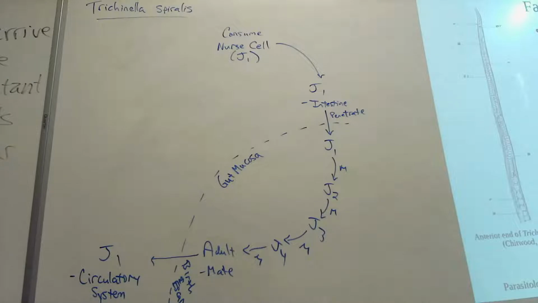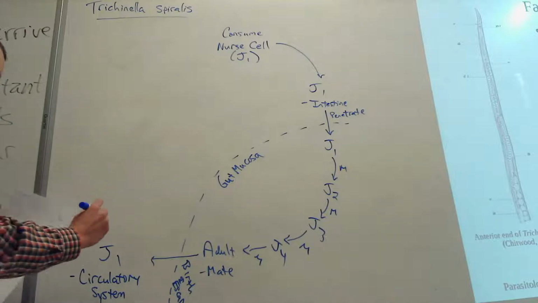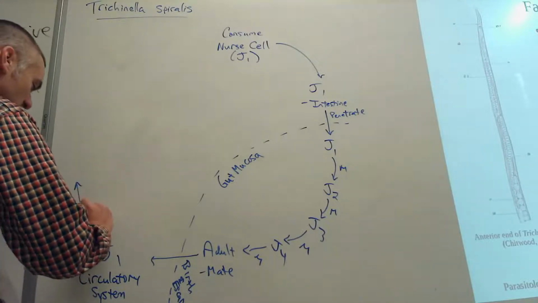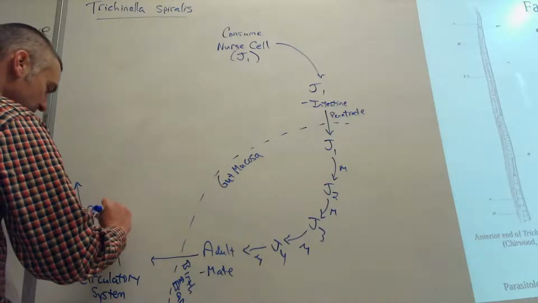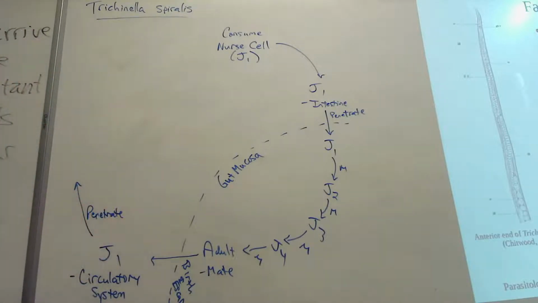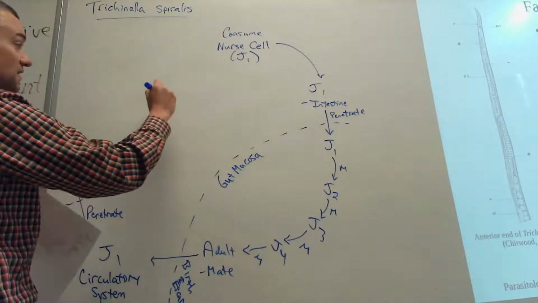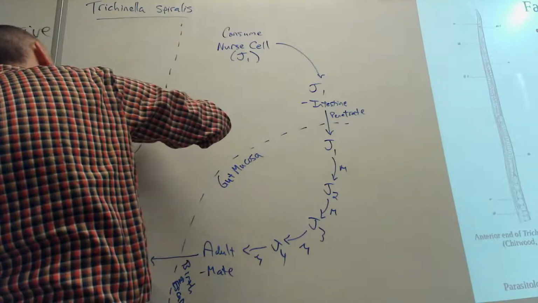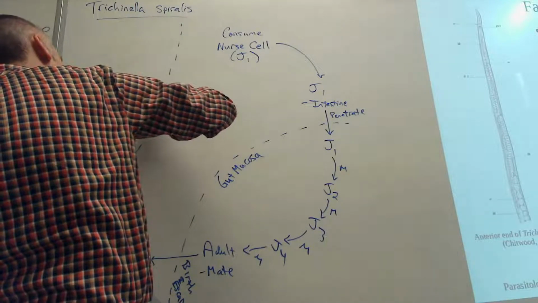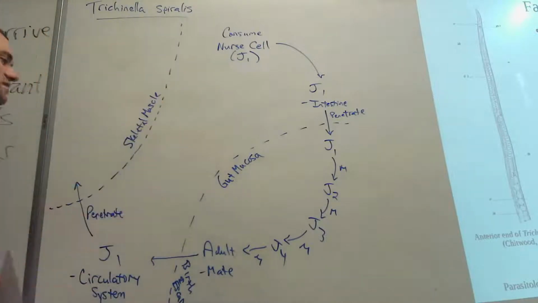Some of those, it's just the worm's lost, can't find its way. But other times, it actually finds where it needs to go and penetrates into that cell. And that cell we are talking about is skeletal muscle. If it goes into smooth muscle, nothing. If it goes into cardiac muscle, nothing. It's just burrowing through.